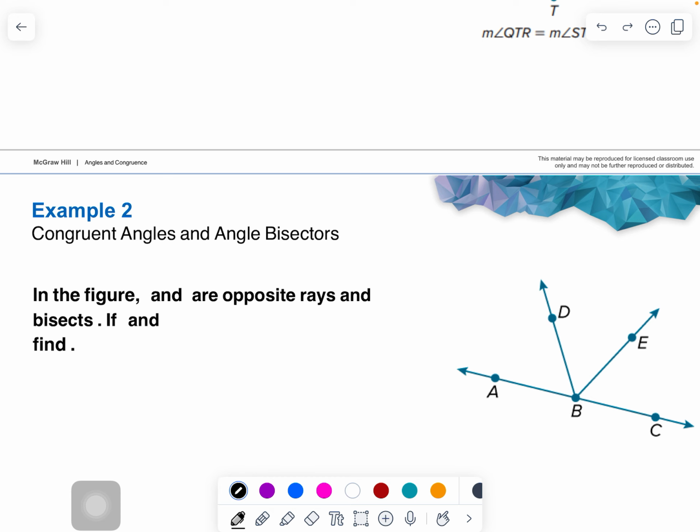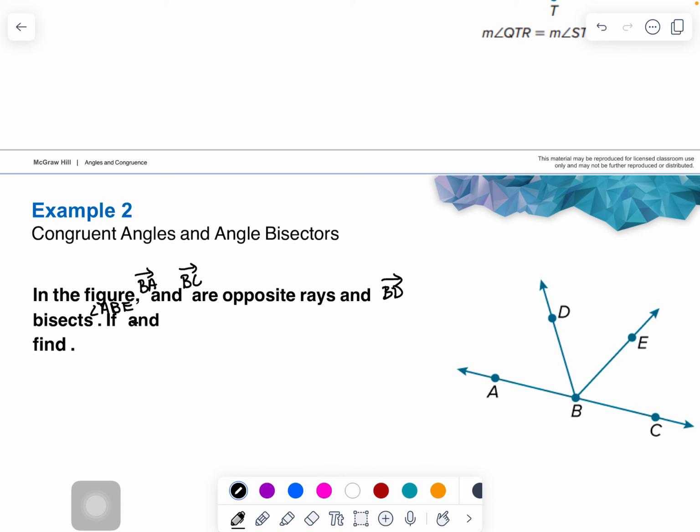Not impressed. In the figure, BA and BC are opposite rays, and BD bisects angle ABE.